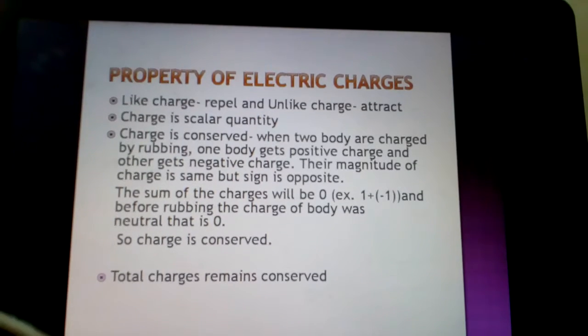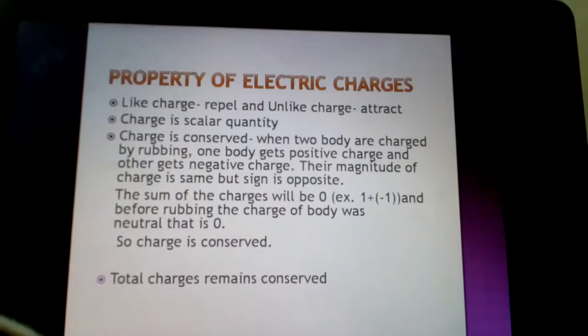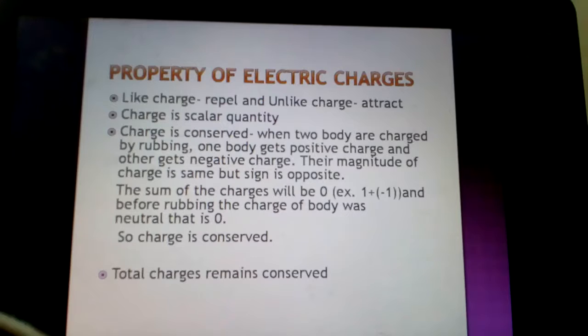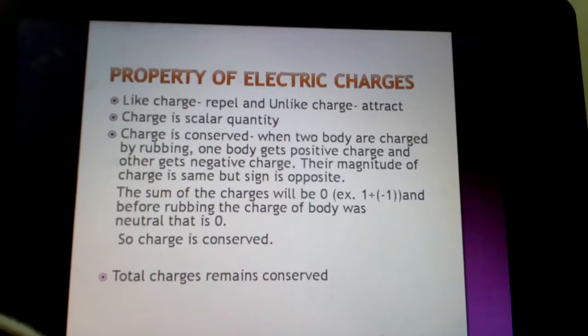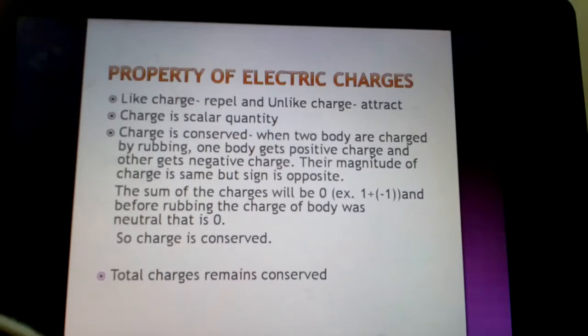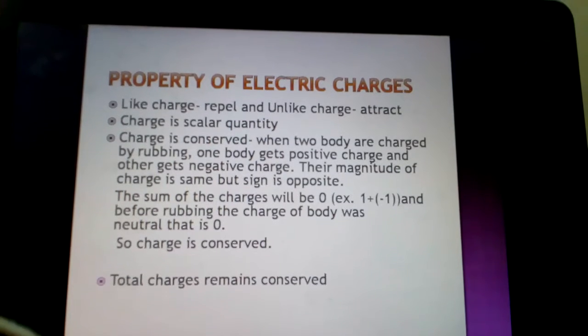Now the third point: charge is conserved. What does that mean? When two objects are charged by rubbing, one body gets positively charged and one gets negatively charged. We have studied before that their magnitude of charge is the same, but the sign is opposite. Let's say the first body acquires +1 charge, and the other one will obviously acquire -1 charge.